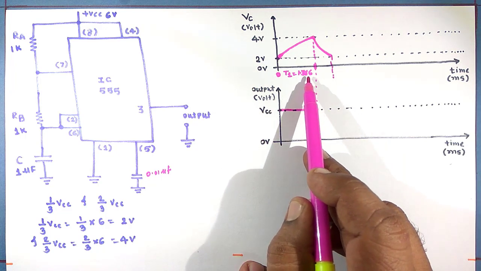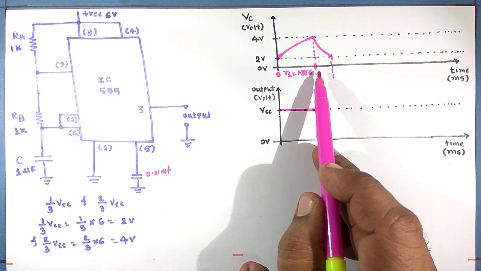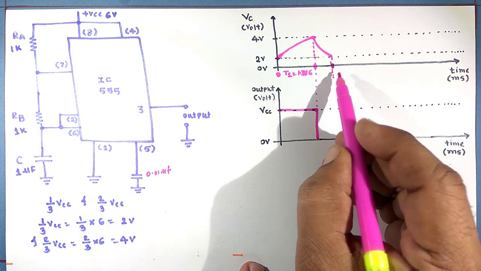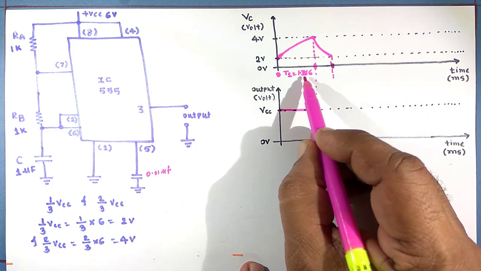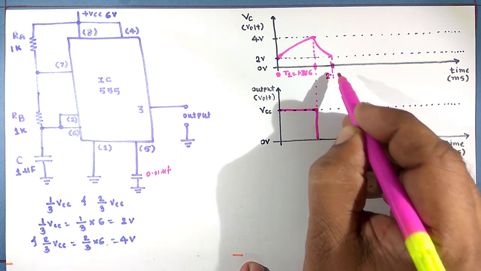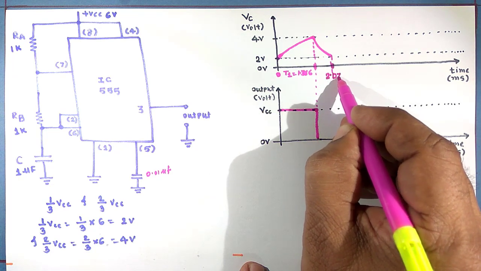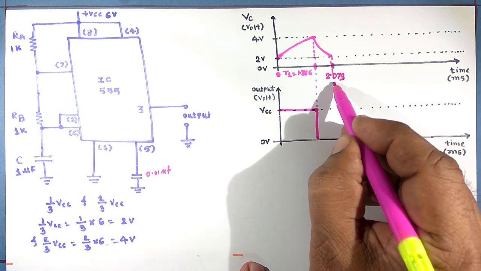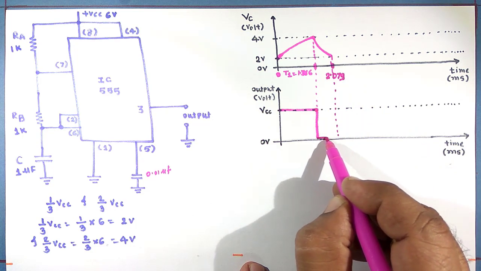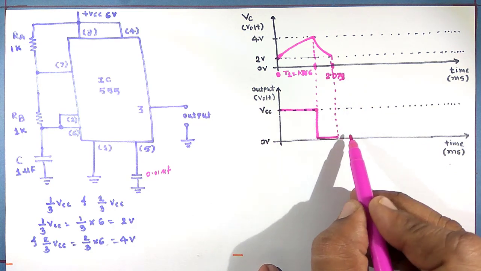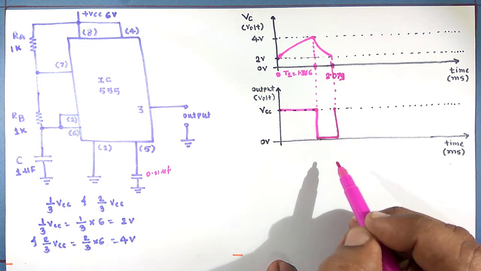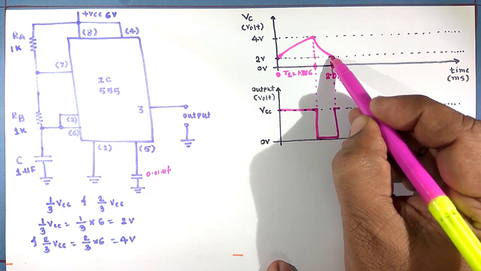So after 1.386 millisecond plus 0.693 millisecond, that is 2.079, the output of the IC 555 is low for this much time. After this time, output becomes high and capacitor starts charging again.